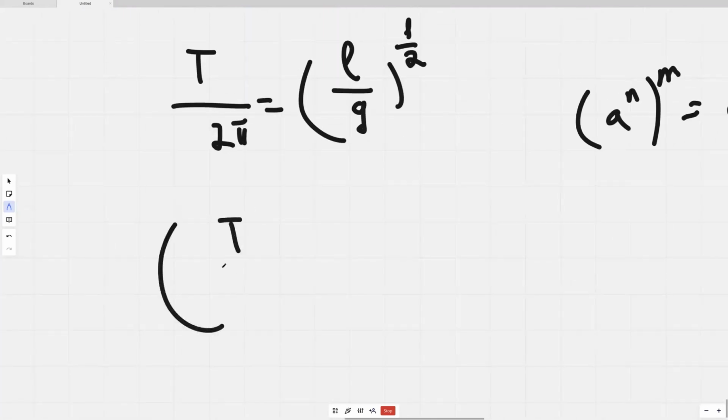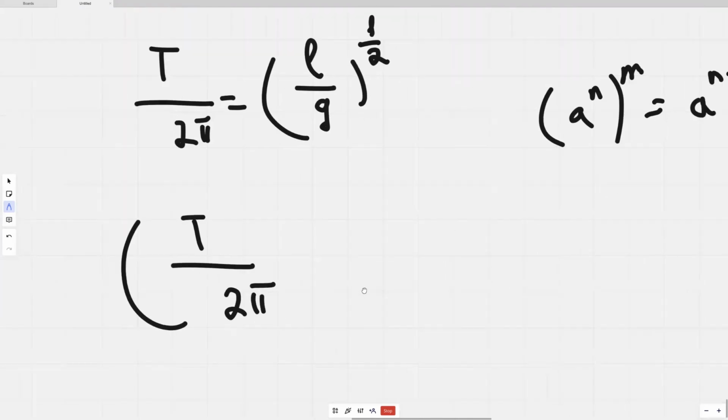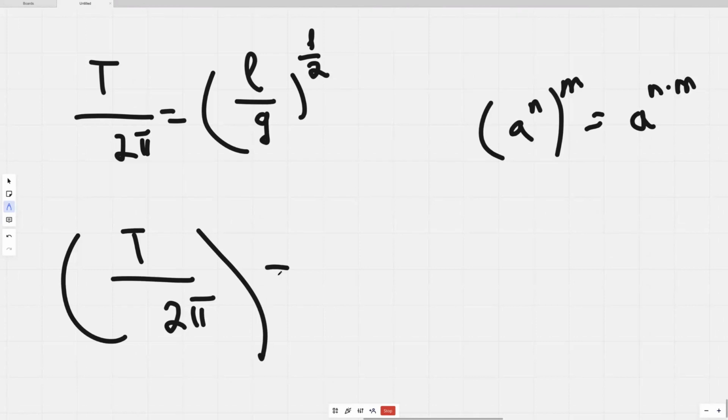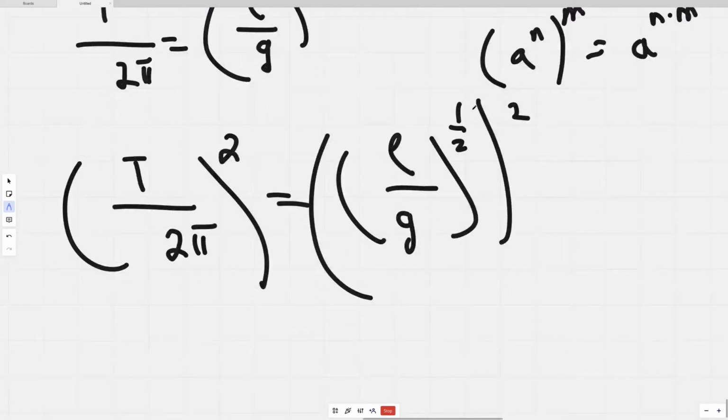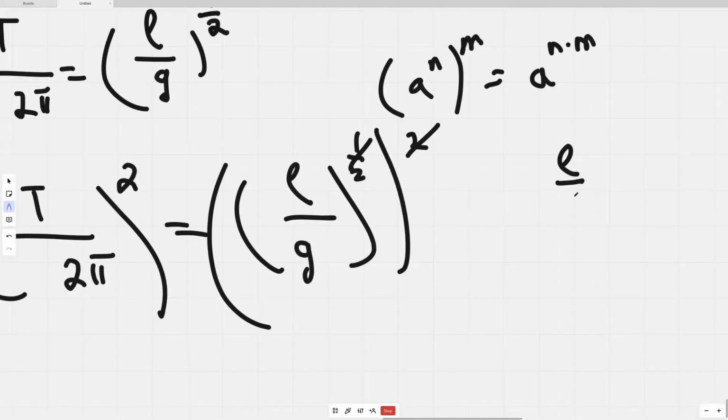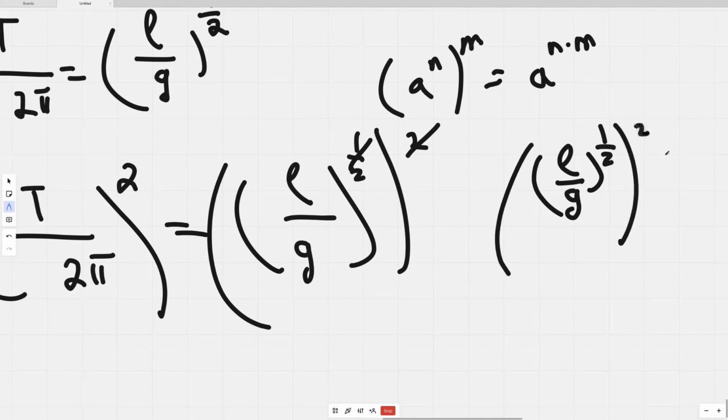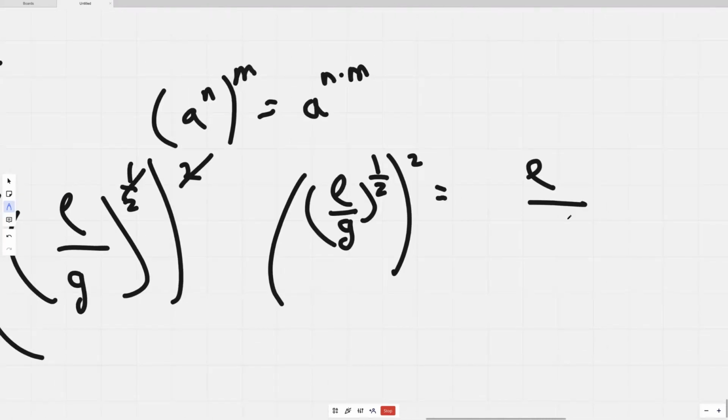Square t over 2 pi is equal to L over G to the power of 1 over 2, to the power of 2. And then the two things will cancel out, because L over G to the power of 1 over 2 multiplied by 2, this 2 will cancel out.